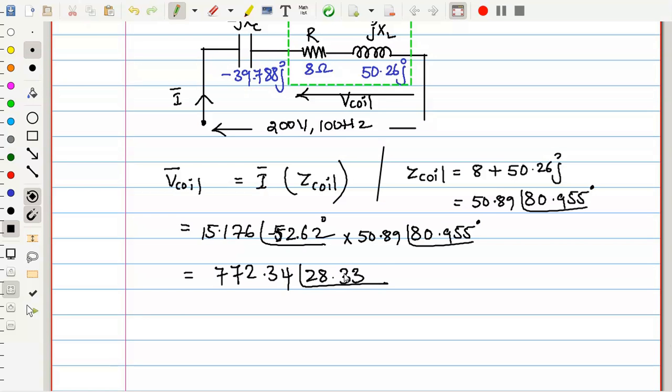Is this correct? So this is in volts. Now, generally, what we need is only the magnitude. So the coil voltage magnitude is equal to 772.34 volts.